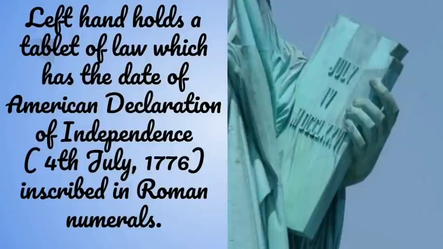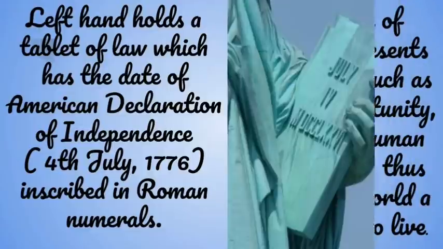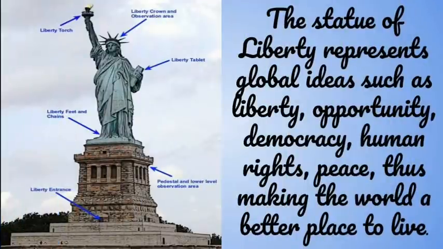In the left hand, the statue is holding a tablet of law on which the date of the American Declaration of Independence, that is 4th July 1776, is inscribed in Roman numerals, symbolizing freedom and opportunity for the immigrants who arrived in the USA by sea in the past.